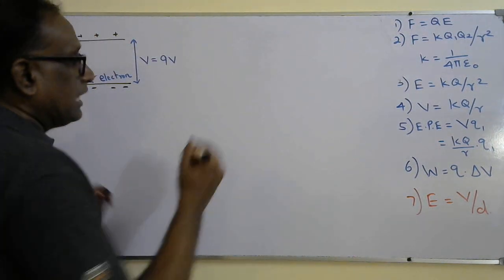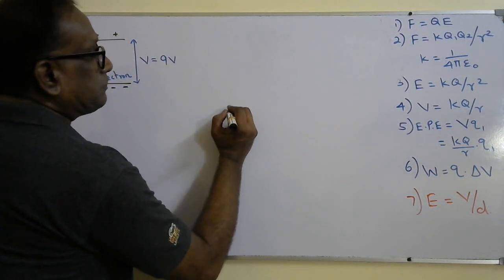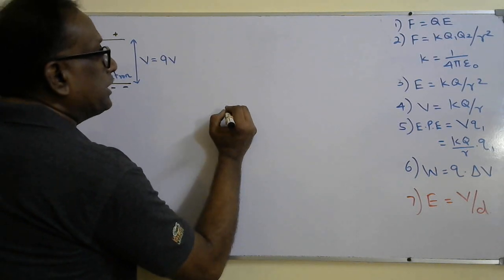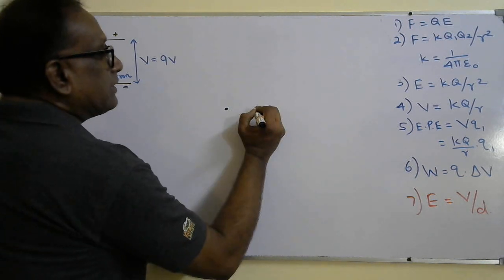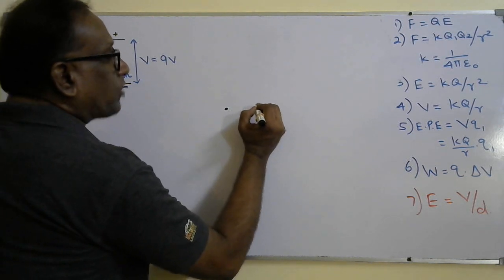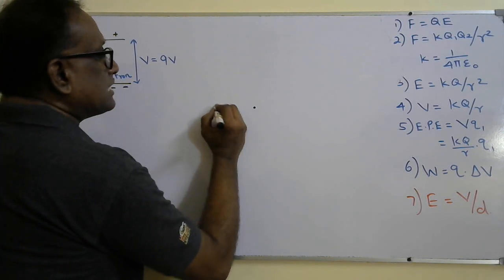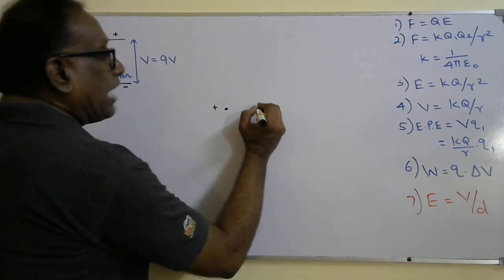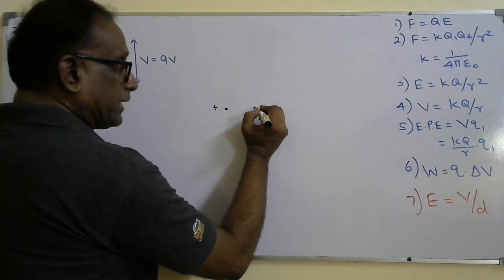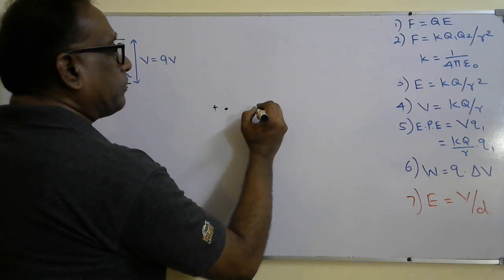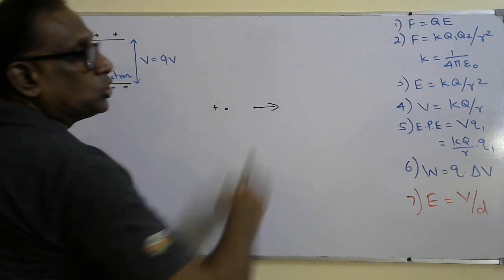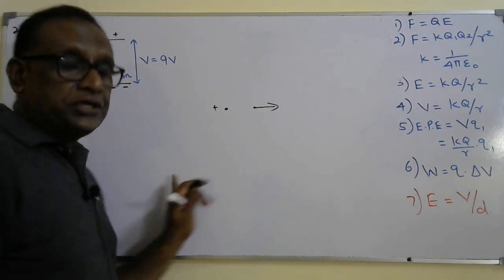For example, if there is a positively charged particle or nucleus, a gold nucleus, and we release an alpha particle from rest here, the alpha particle is also a positively charged particle. Due to repulsive force, the alpha particle will move away from the gold nucleus.